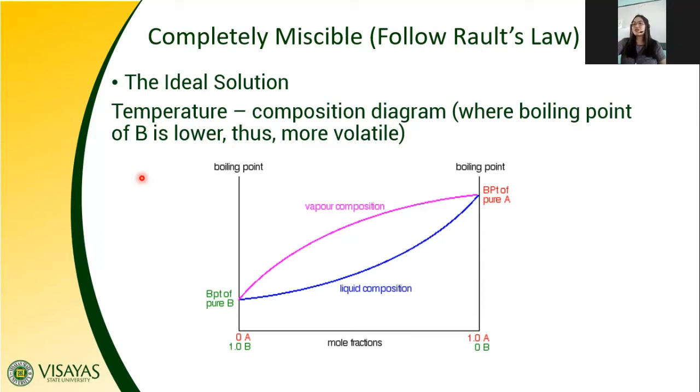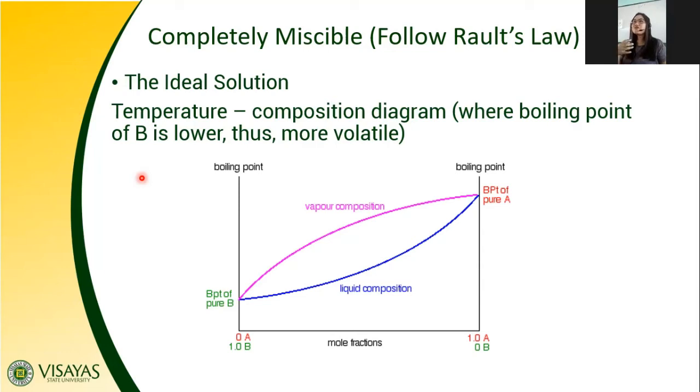With this binary liquid system, we have two components which have different boiling points. One component has a higher boiling point, and the other has a lower boiling point. Boiling point also connects to the volatility characteristic of a liquid.